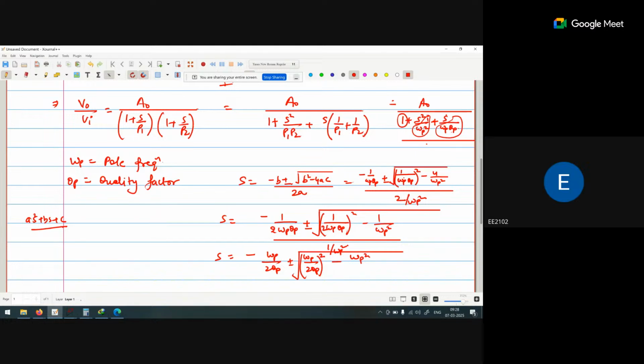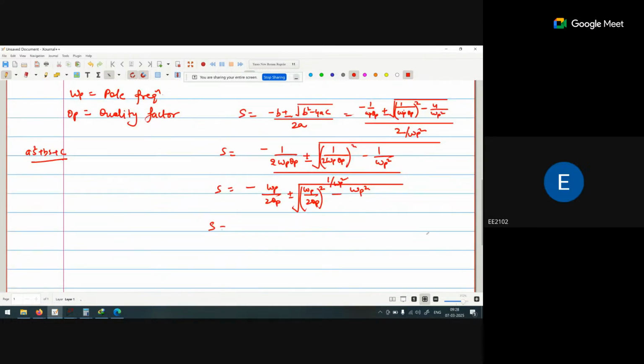Omega p I am taking common. So s is equal to minus omega p upon 2 qp plus minus omega p root of (1 upon 2 qp) square minus 1.